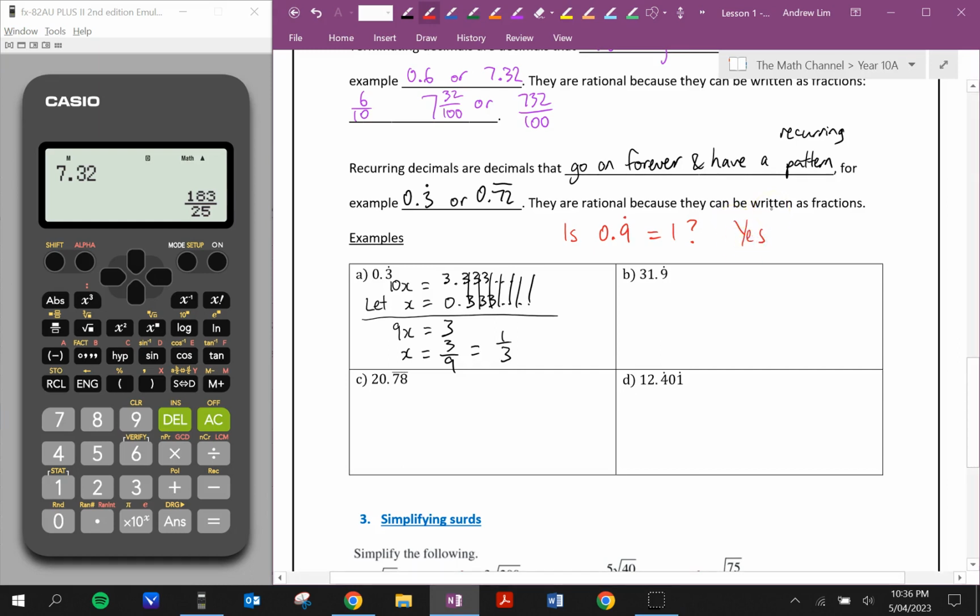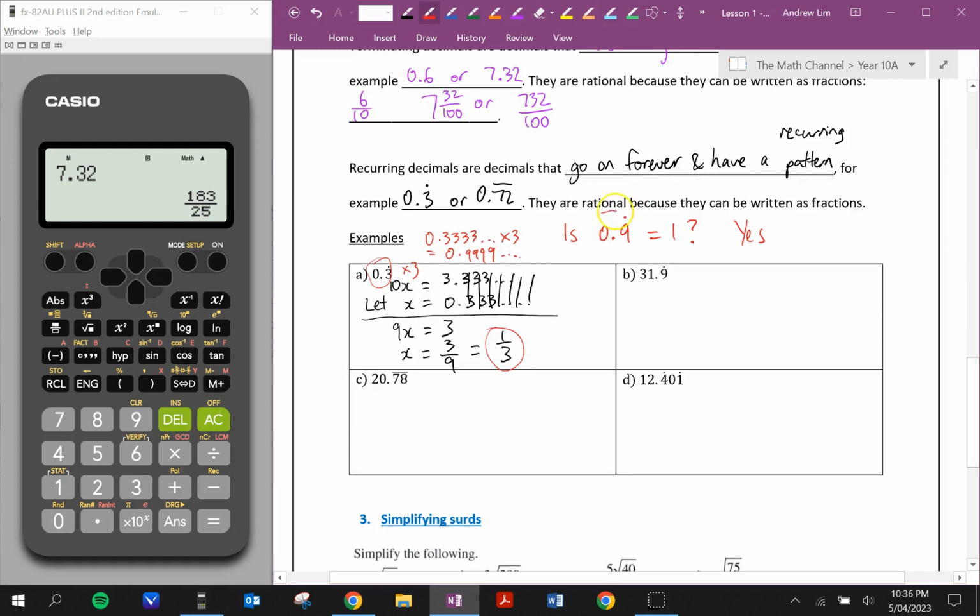0.9 repeater is actually equal to 1. Now you might be wondering why. They're not the same. Come on. Well, I've proven already that 0.3 repeater is equal to 1/3. If I were to multiply 0.3 repeater by 3, 0.3333 forever, and multiply that by 3, won't I get 0.9999 forever?